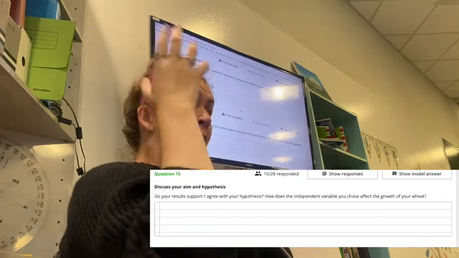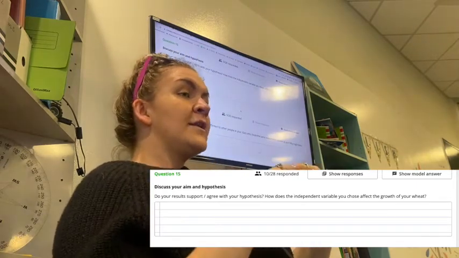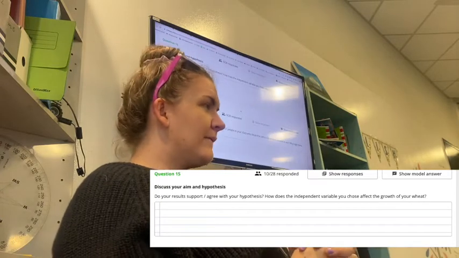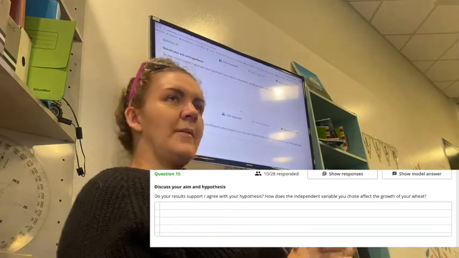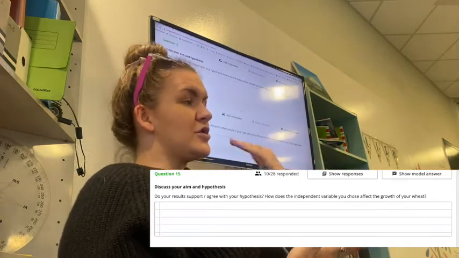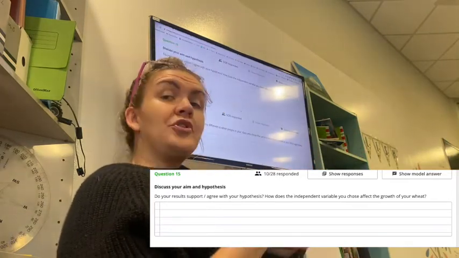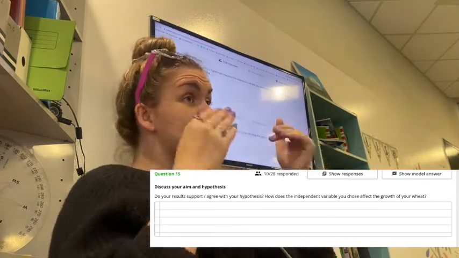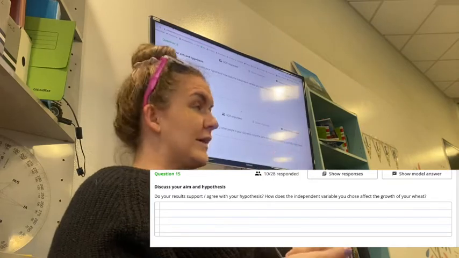Now tell me, in our experiment, what is the independent variable? Time. Salt. The amount of salt. Remember, the independent variable is the thing we've chosen to change. We've chosen to change the amount of salt. So the question is, how does salt affect the growth of wheat?